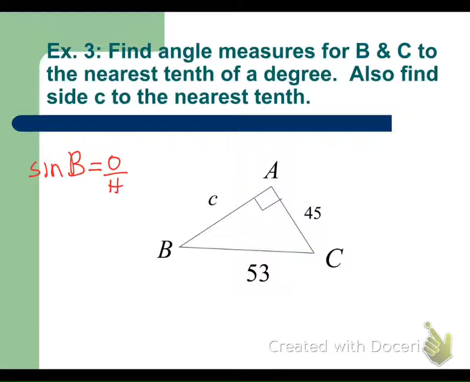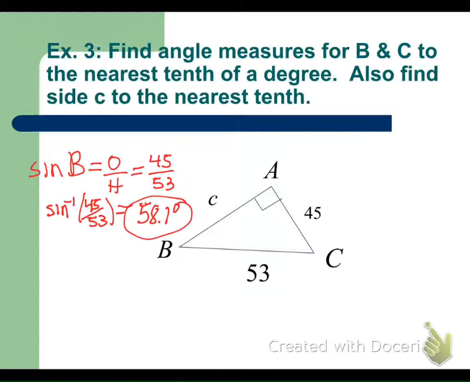So sine of B equals opposite of B is 45, hypotenuse is 53. We end up with sine inverse of 45 divided by 53 equaling what value? 58.1 degrees.